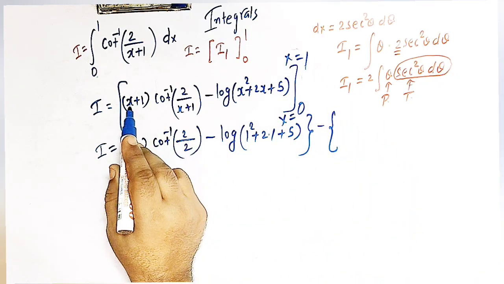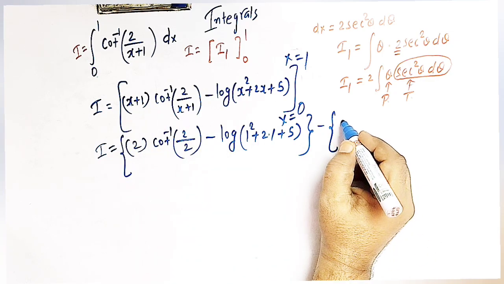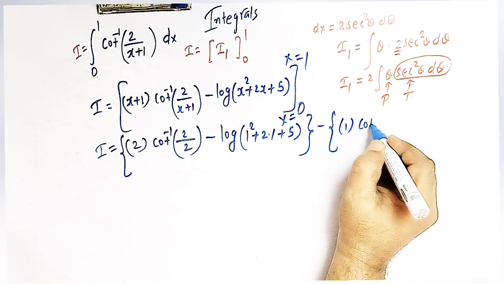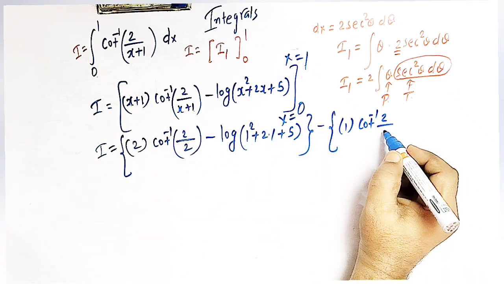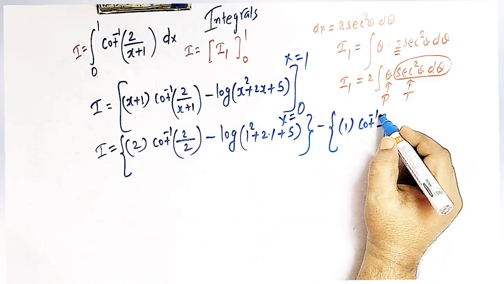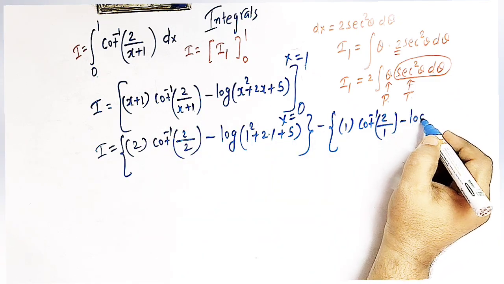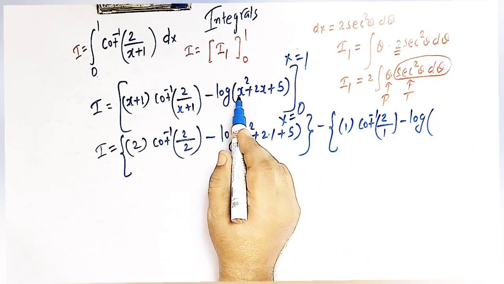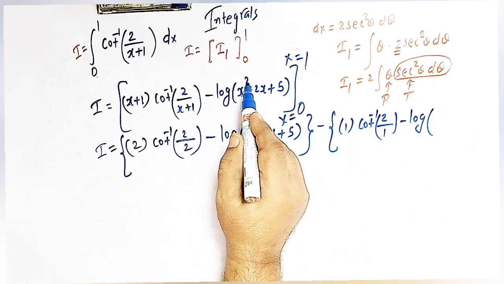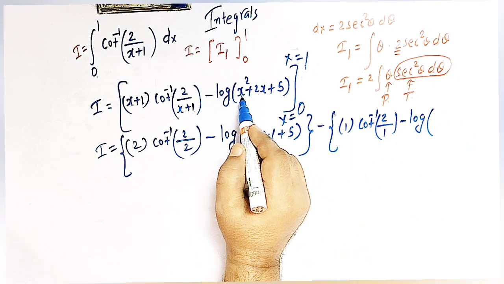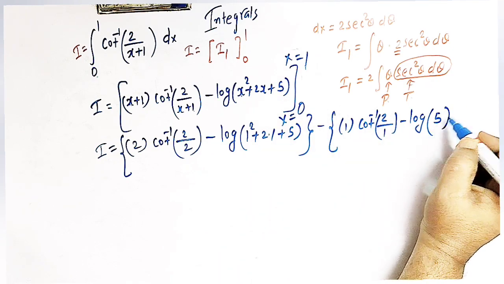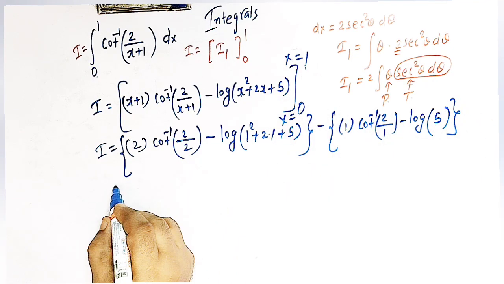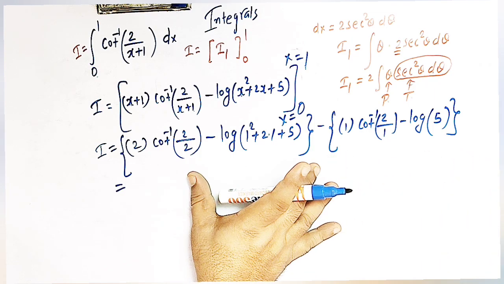is equal to 0. So here we have 0 plus 1 is simply 1. Then we have cot inverse 2 over 0 plus 1 is 1, right? And then we have minus log, and here 0 square is 0, 2 times 0 is 0, so we are simply left with 5 only. So we can now solve this expression.